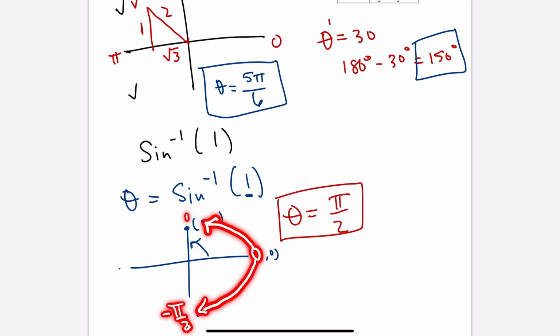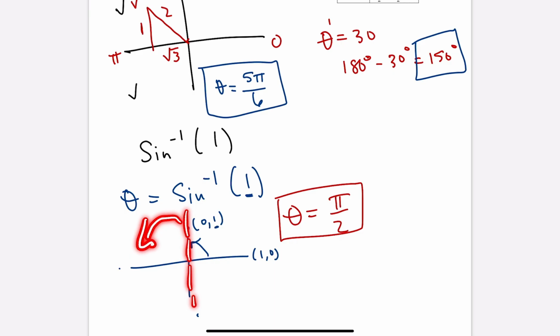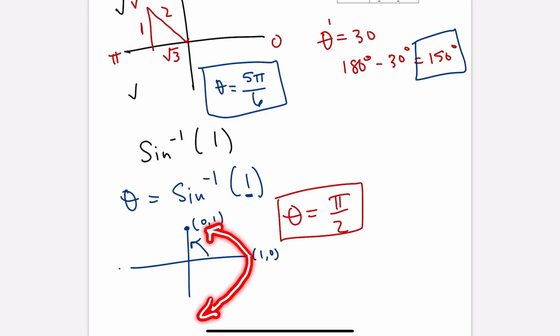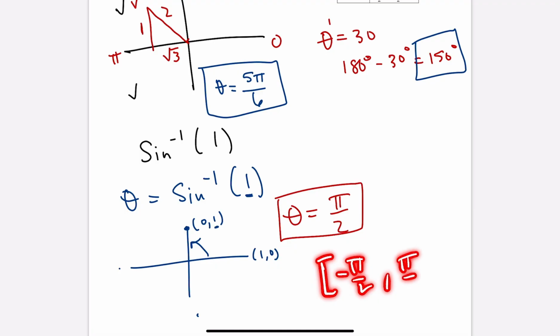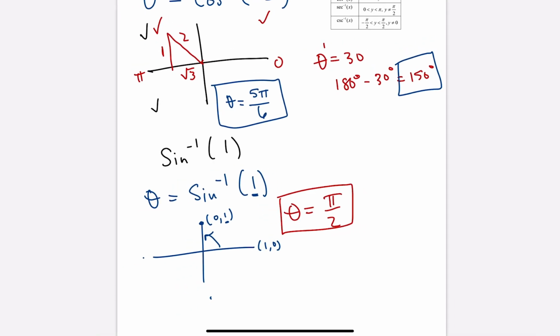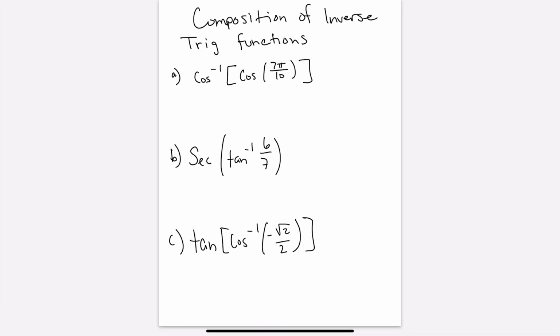Please do not travel past this counterclockwise, because you're getting out of bounds here. You want to stay between this range and this range. So again, pi over 2 to negative pi over 2. And this is good, right? Because it does lie between negative pi over 2 and pi over 2. So this output is possible, right? Okay. All right. So moving on.